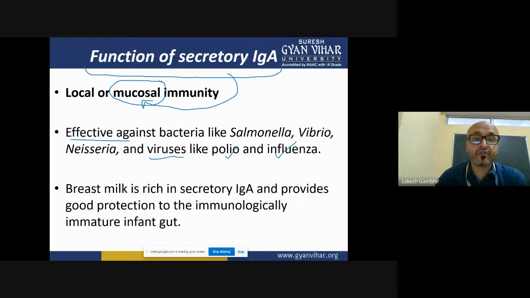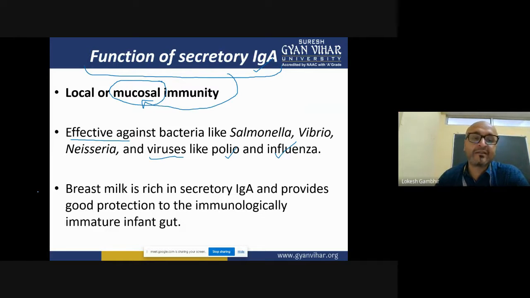So when the question comes which immunoglobulin is present in colostrum, or which immunoglobulin provides protection to the baby via feeding, that part is immunoglobulin A, and it provides very fine protection to the intestine of a newborn baby.